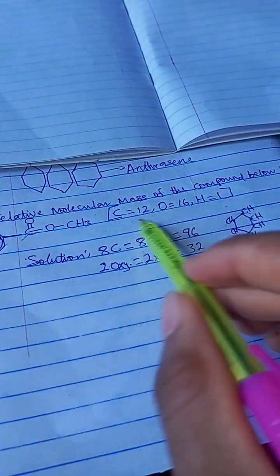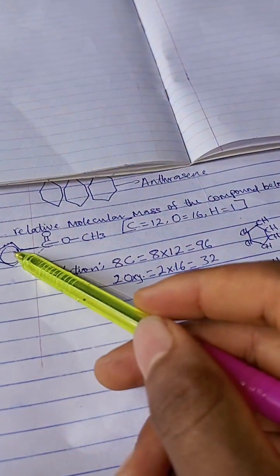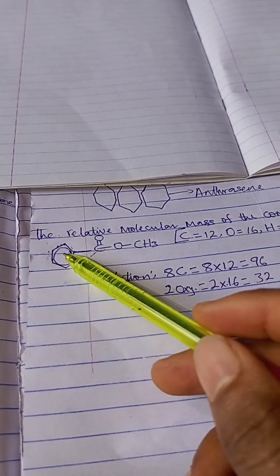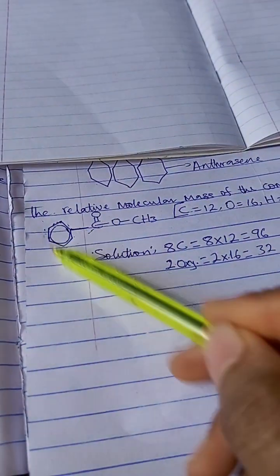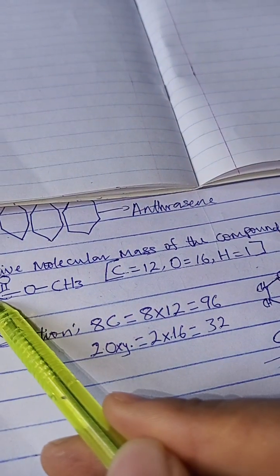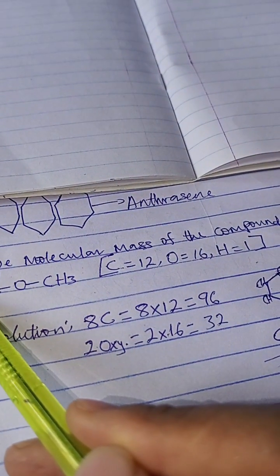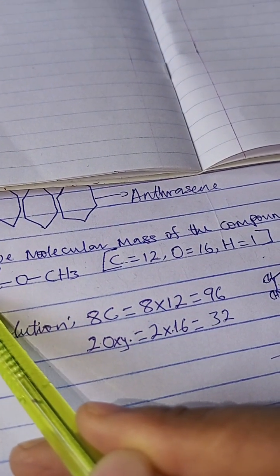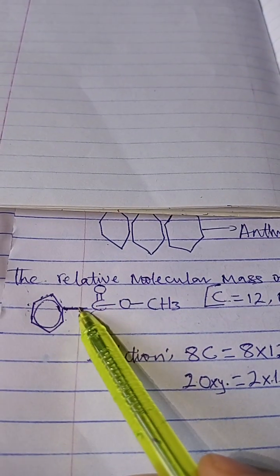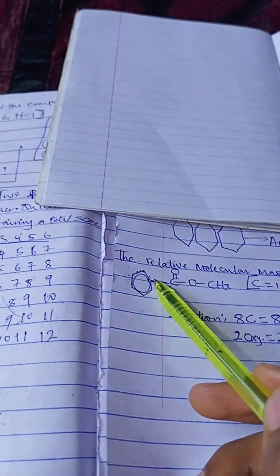Now, we have hydrogen. How many hydrogen are here? Remember this benzene has 6 hydrogen. But now, you can see a chain attached to another carbon, meaning that the hydrogen that is here is no longer here. So it has lost 1 hydrogen.